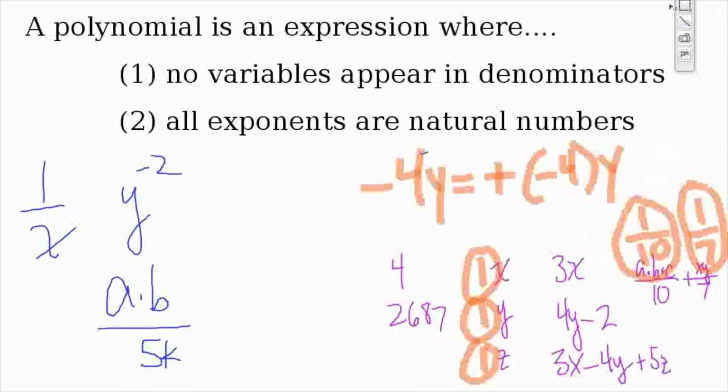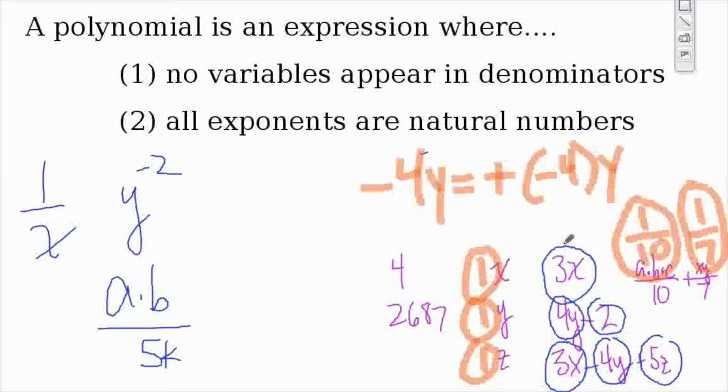So the terms on the 3x minus 4y plus 5z: the 3x is a term, the 4y is a term, the 5z is a term. Above that, on the 4y minus 2, the 4y is a term, and the minus 2 is a term. And the one above that, 3x, that polynomial has a single term.